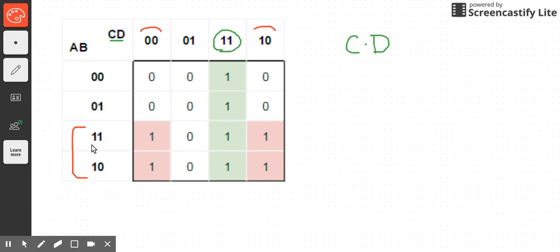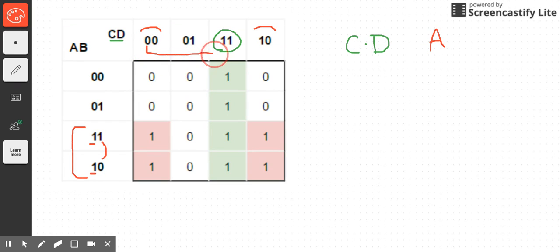All right, so first I will look at A. I can see that A is 1 in both of those rows, so I know I'm going to need an A. So I will write down an A. I can see that B changes, so I'm not going to need a B.